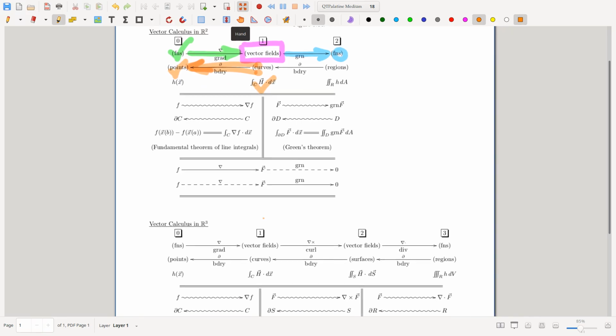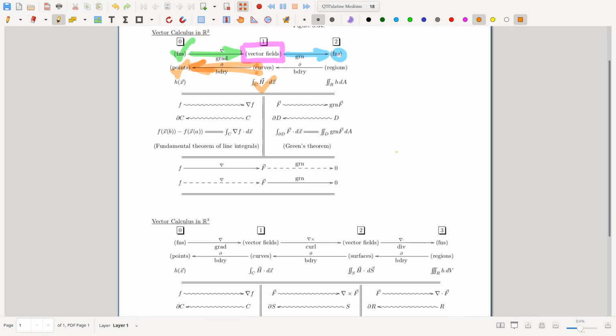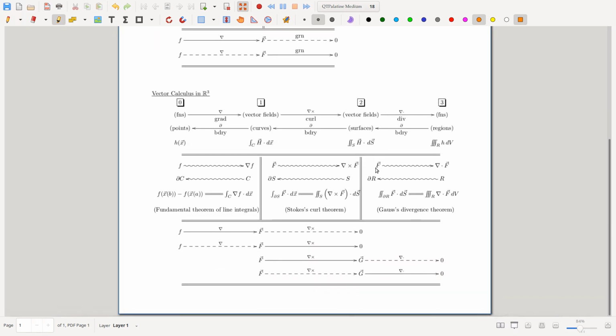Let's come down here. This is just a preview, but let's think about the 3-dimensional version of this diagram. You can see I have a 3-dimensional version down here. Again, this PDF page is in the course materials section. I think I misspoke before.